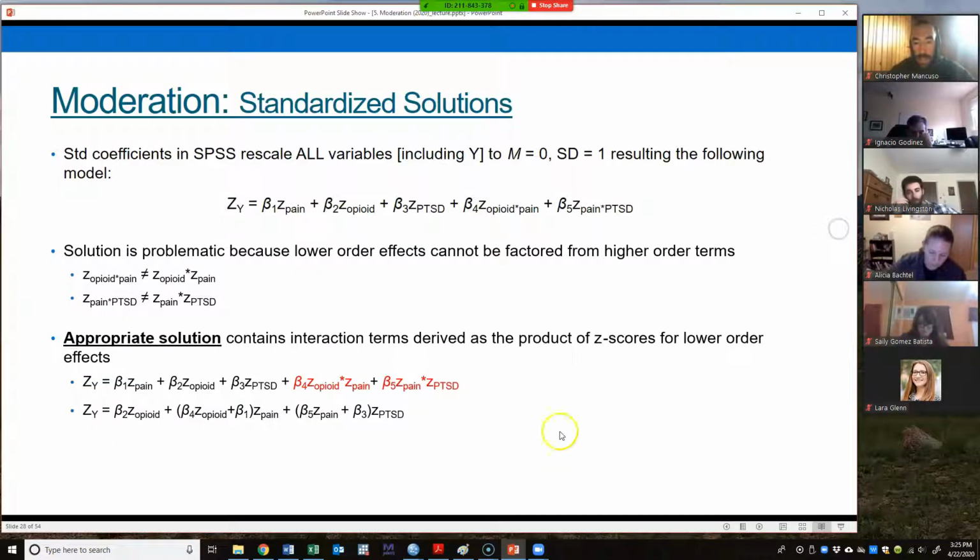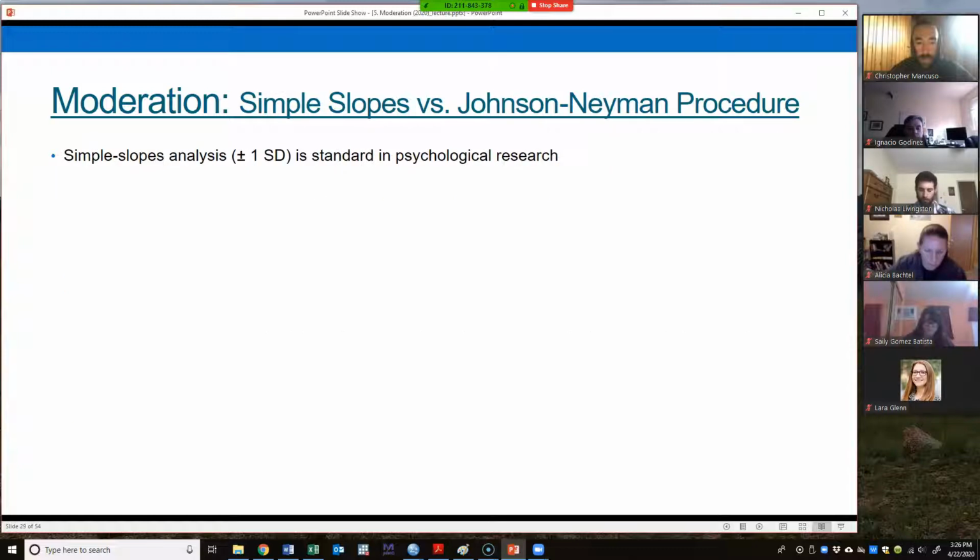This is because of how SPSS and other models factor them out. So to report appropriate standardized effects for your interactions, you have to calculate those by taking the z-score of your outcome and the z-scores of all your variables, and then creating interaction terms with the z-scores, rerunning everything, in order to make those things precise. So just keep that in mind in terms of putting these models together, okay?